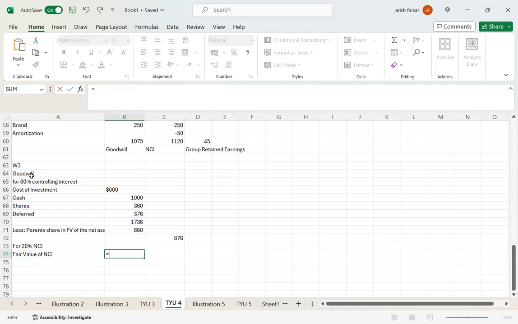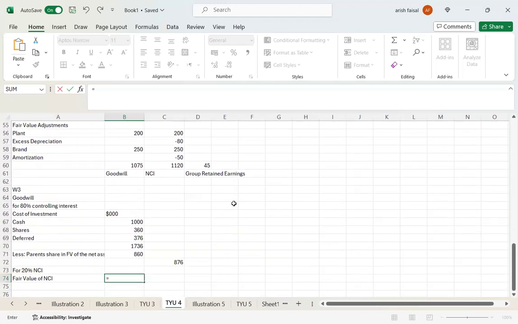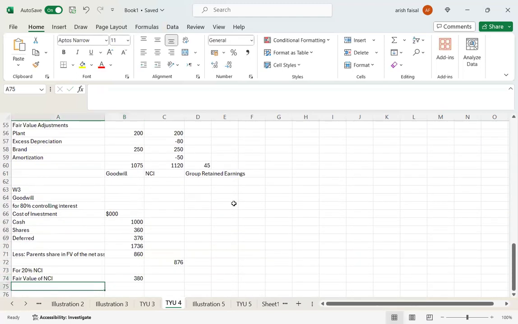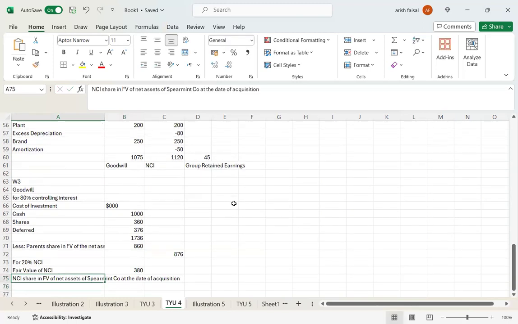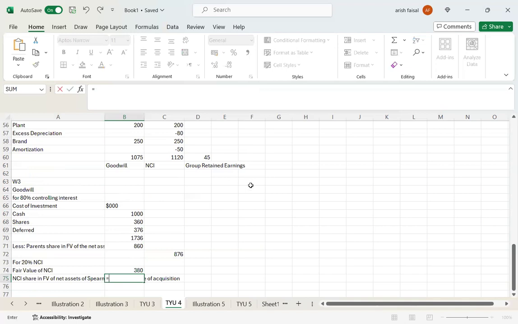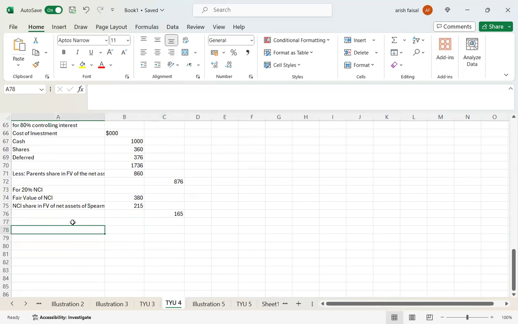So if the NCI is sold in the market, it will have a fair value of 380K, right? But the NCI share in fair value of net assets of Spearmint company at the date of acquisition. Okay. So that is 20 percentage. So we have to take 1075 into 20 percentage. So we get 215. So in this case, the goodwill, which is attributable to the NCI, is 165, right?